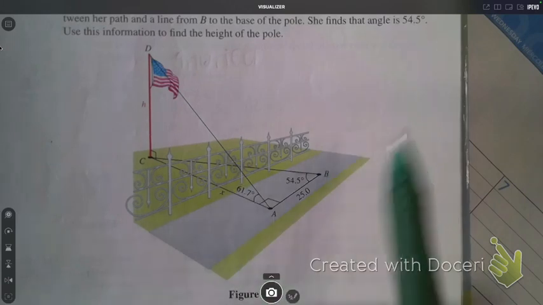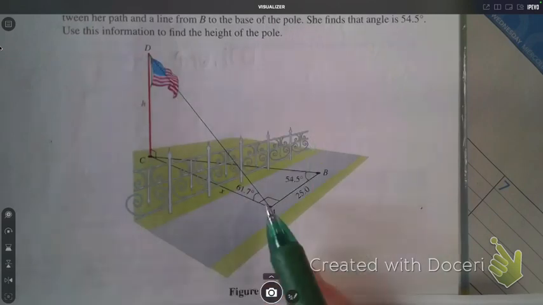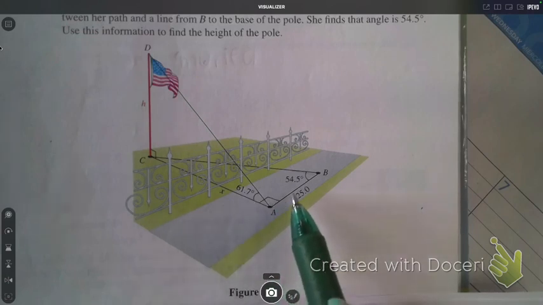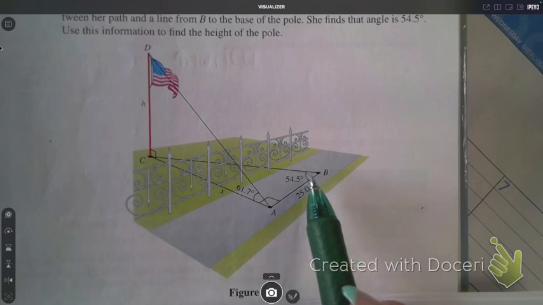So she stands at point A, facing the pole, and finds the angle of elevation from point A to the top of the pole, so that's right here, to be 61.7 degrees. Then she turns 90 degrees and walks 25 feet to point B, where she measures the angle between her path and the line from point B to the base of the pole.